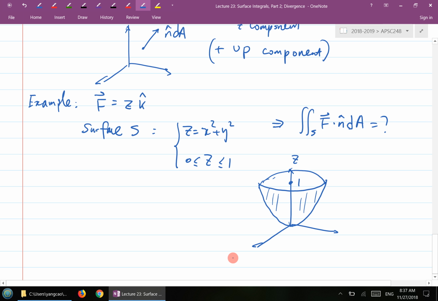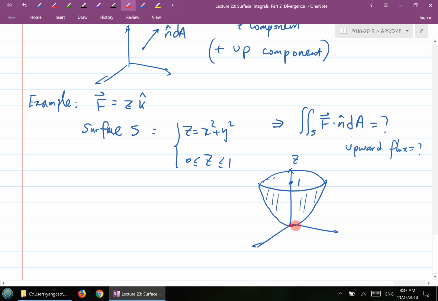Now, before we look at the calculation, in this case I'm looking more specifically for upward flux. Before we do the calculation, this is actually not necessary, but I'm going to sketch this vector field a little bit. This is F equal to z k hat. The vector has only a z component.